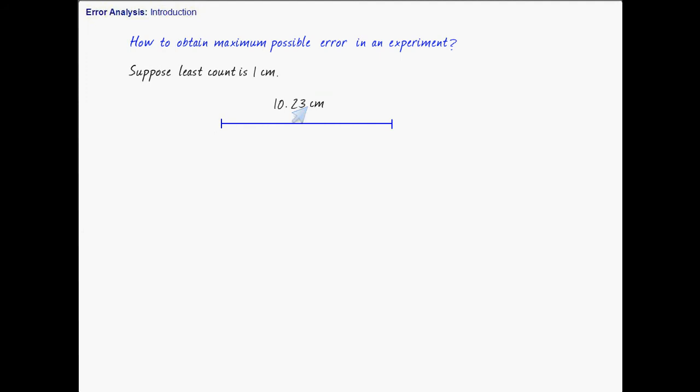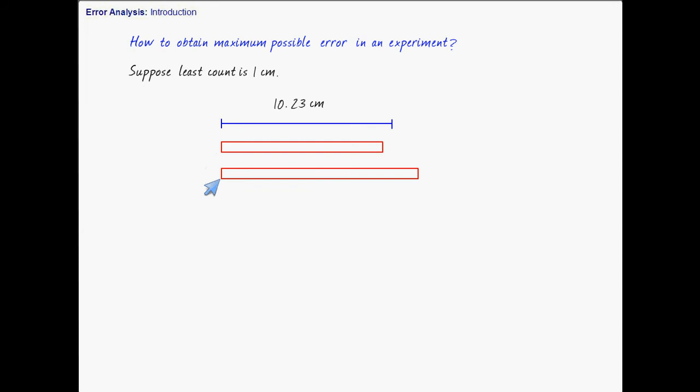Now, as far as our scale is concerned, the scale will either give us a 10 centimeter reading or an 11 centimeter reading. So in both cases, there will be some error. Either the error will be 0.23 centimeter or 0.67 centimeter. Agree?